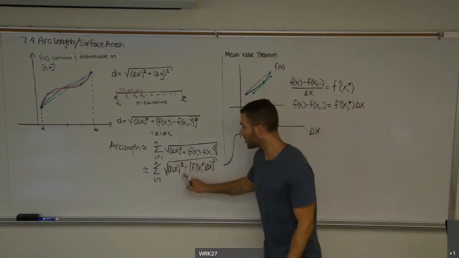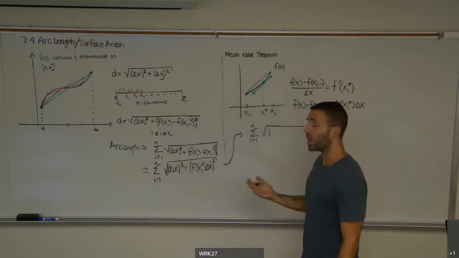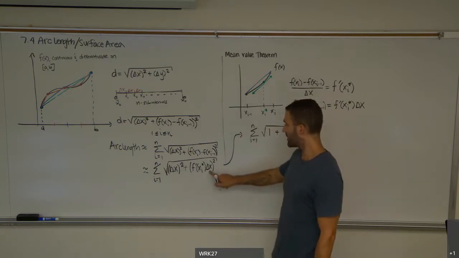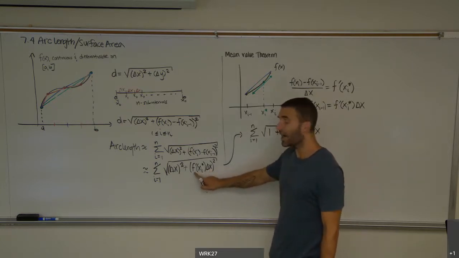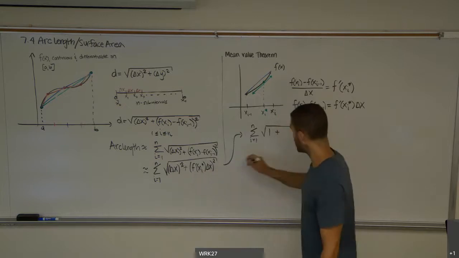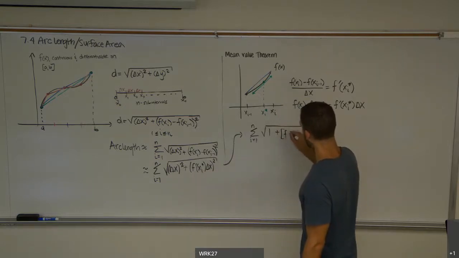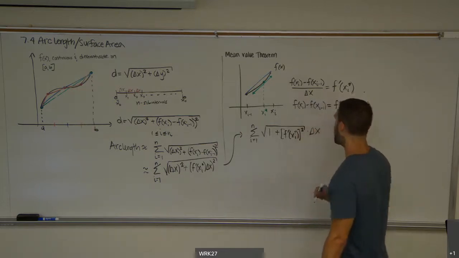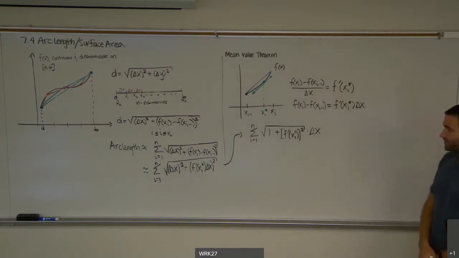What's left here? Remember, this does not go away. When you factor it out, now we're left with just 1 plus, and when I factor out the delta x squared here, we're left with f prime of xi star squared. It still needs to be squared. But now that delta x is outside of the root.